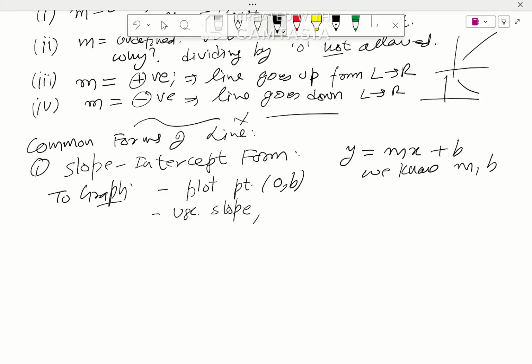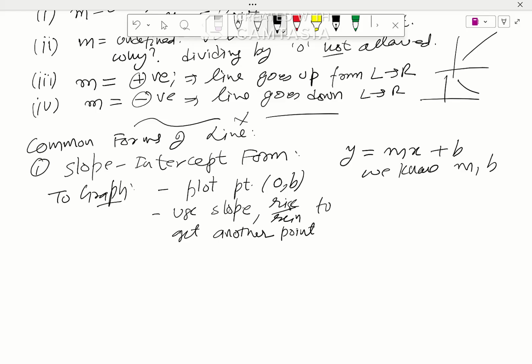What is slope? Rise and run. We use this information to get another point on the graph. And once you have the 2 points, you can just join them.